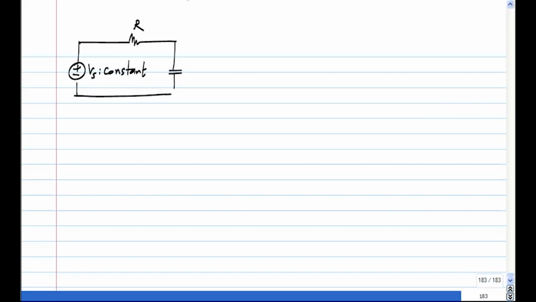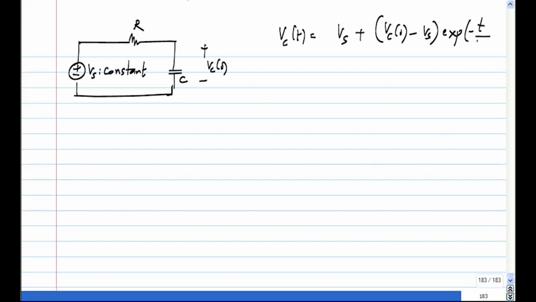So what this result says is that for this circuit, if you have Vs to be a constant, R and C with an initial voltage of Vc of 0, the solution was Vs plus Vc of 0 minus Vs, times exponential of minus T by Rc.